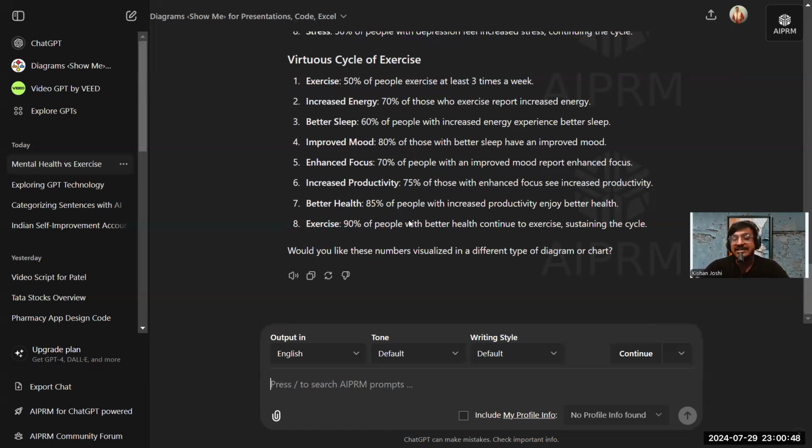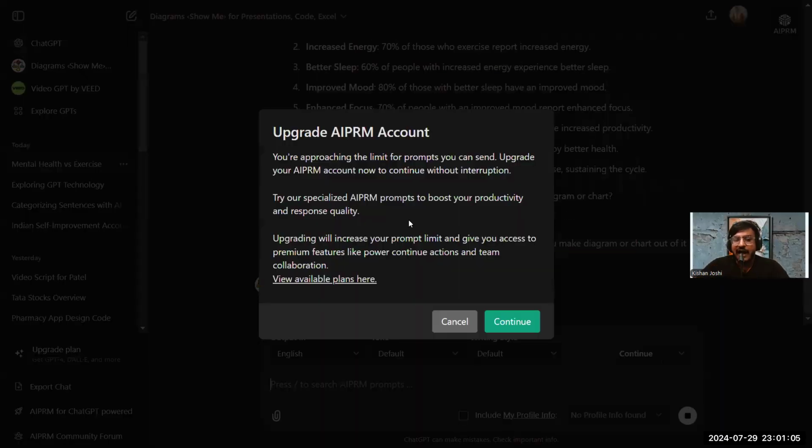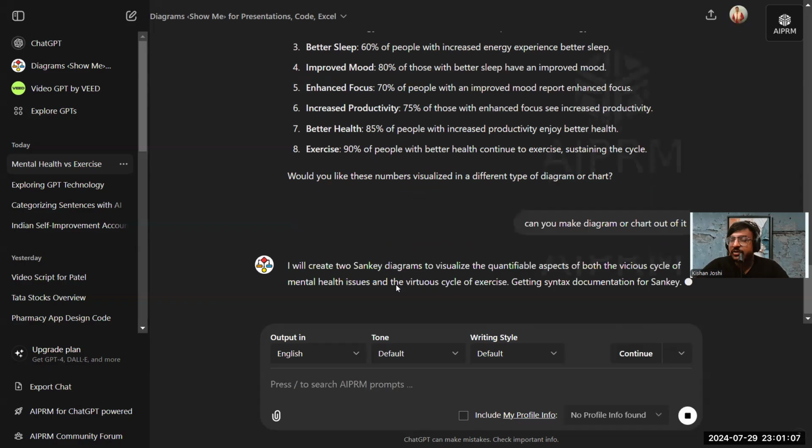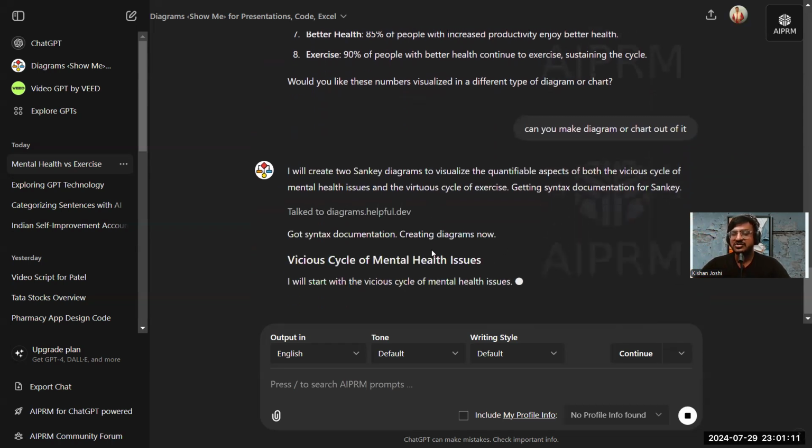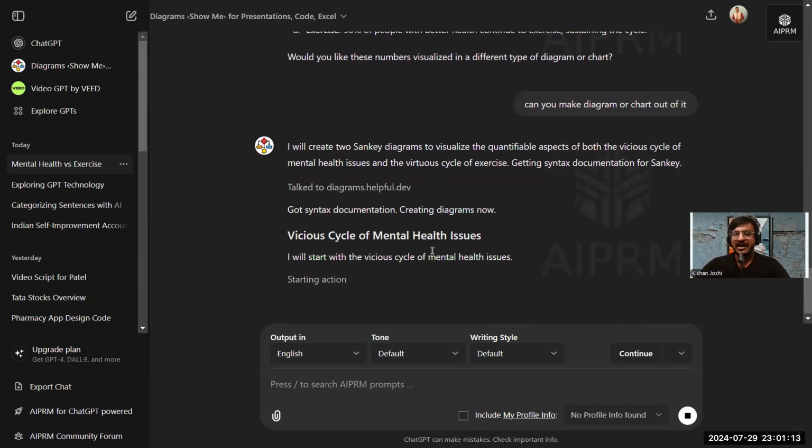So now, let's ask ChatGPT whether it can make a diagram or chart out of it. I don't know if it can generate one, but if it can, it will be a great visualization for us, and we can show the power of ChatGPT.